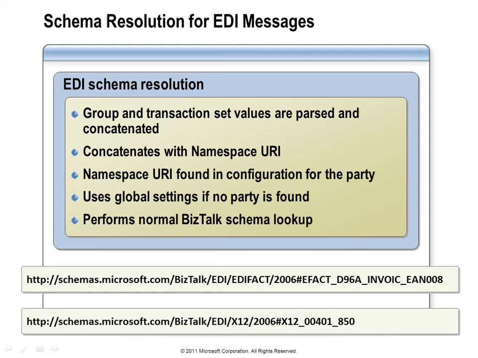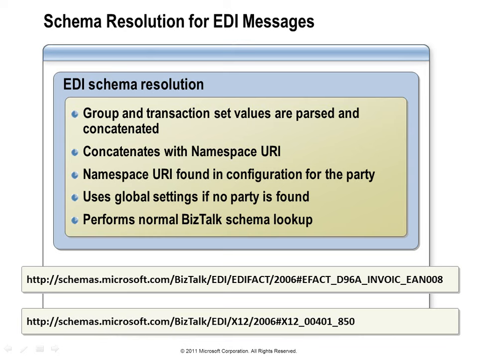When a message arrives and it's being processed by the EDI pipelines, just like any other message, we need to resolve the schema that's been deployed to BizTalk that should be used for message parsing and message validation. And so to start, the group and transaction set values are pulled out of the EDI message, and those are going to be concatenated with the namespace URI.